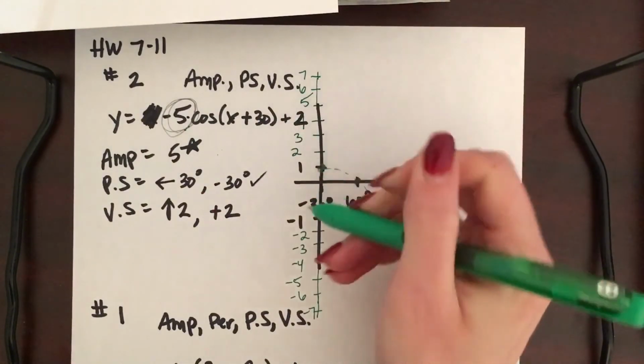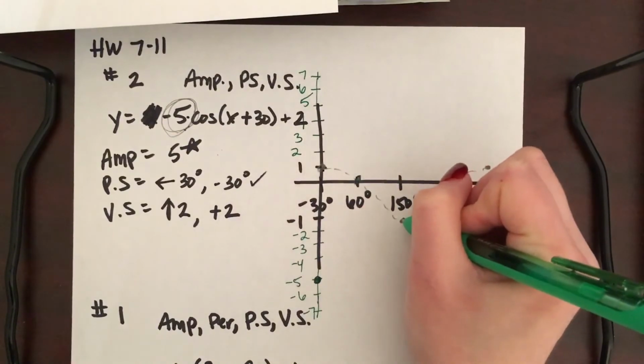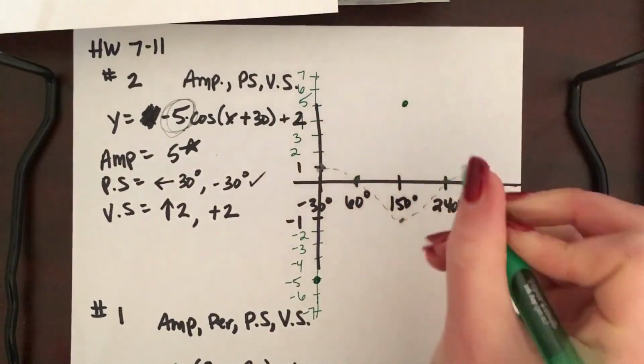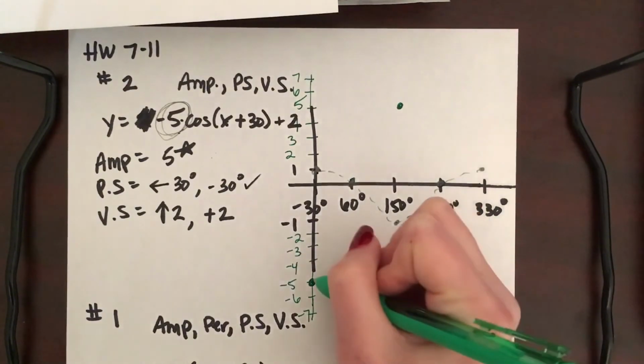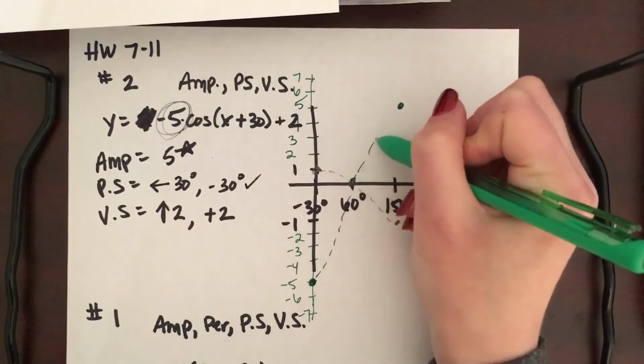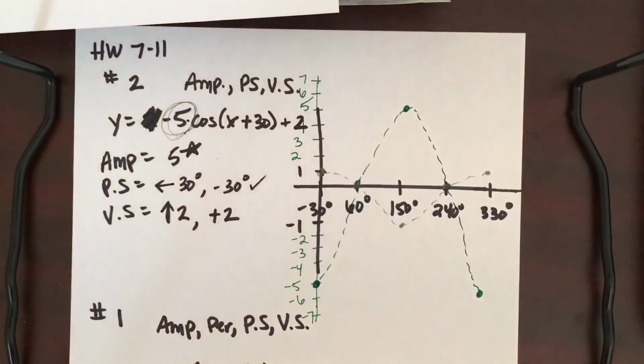All right, so 1 times negative 5 flips it down here. This stays the same. This flips up to positive 5, stays the same, down to negative 5. So again, dashed line to say, hey, that's not done yet. That's what I like to do anyway.